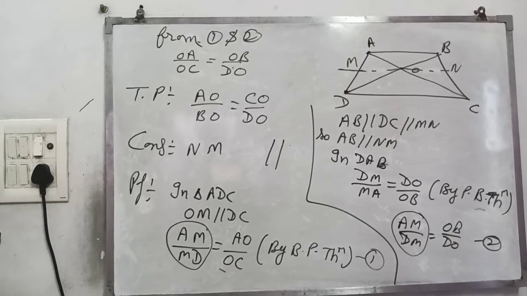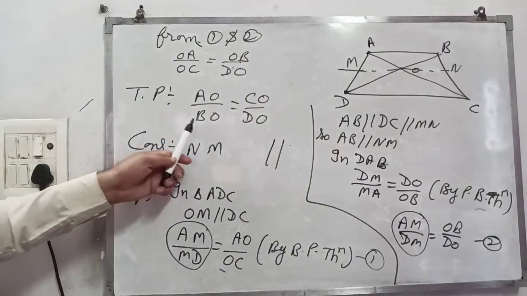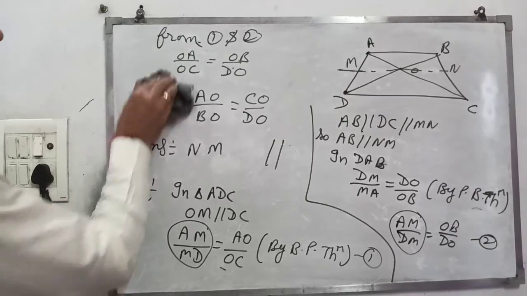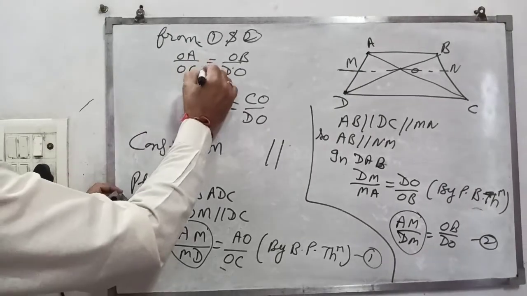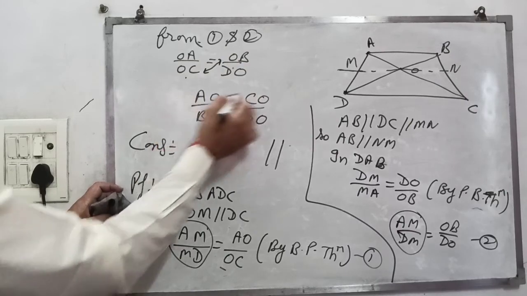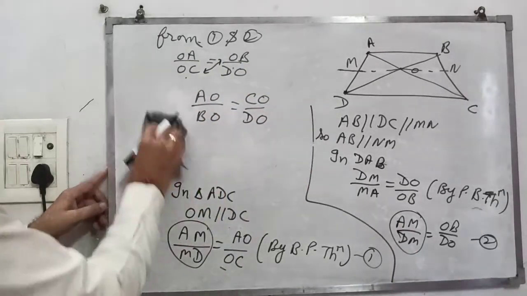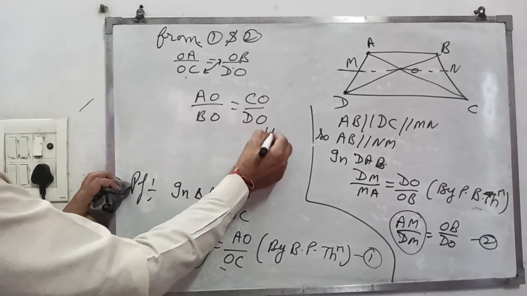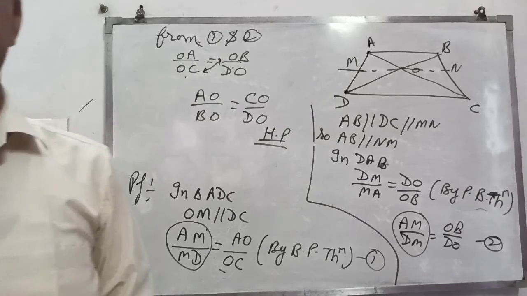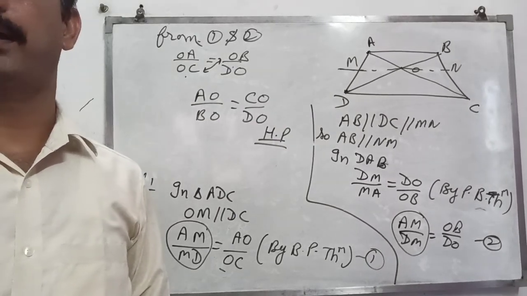Now we want to prove AO upon OB is equal to OC upon DO, so we can interchange them. OB shifted this side and OC shifted this side. We can cross multiply it and you find that. So hence proved. So that's about your exercise 6.3. So thank you and have a nice day.